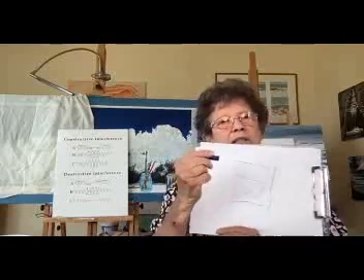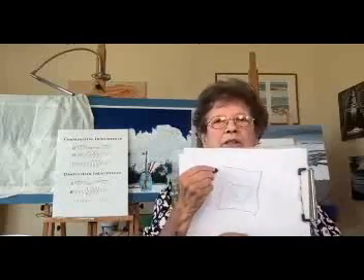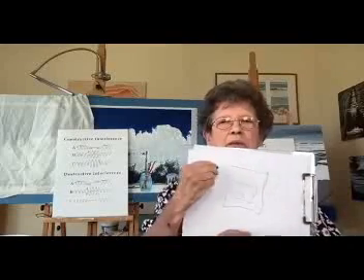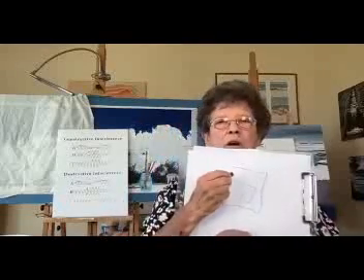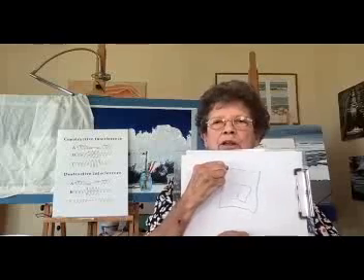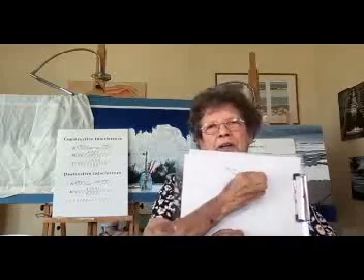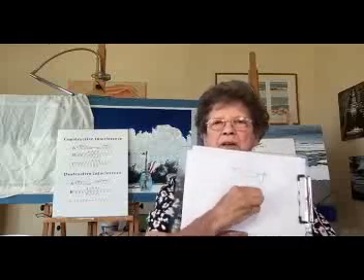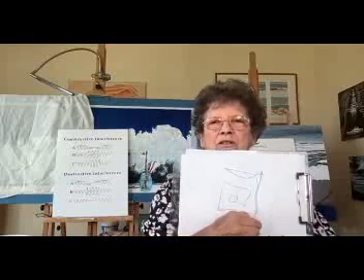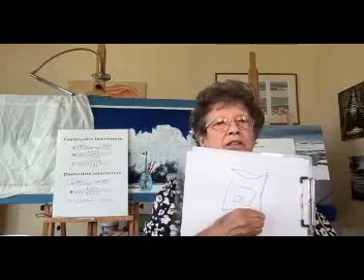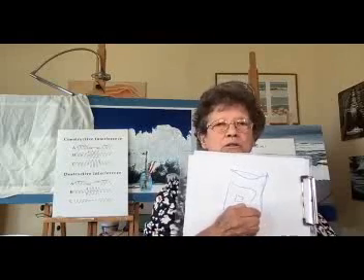Now, one of the tendencies I have found is that because we're doing these straight lines, our mind can go, oh, okay, so I'm going to take a breath here and a breath here and a breath here. It's like, well, that's nice, but you're not really listening to what your body wants to do.